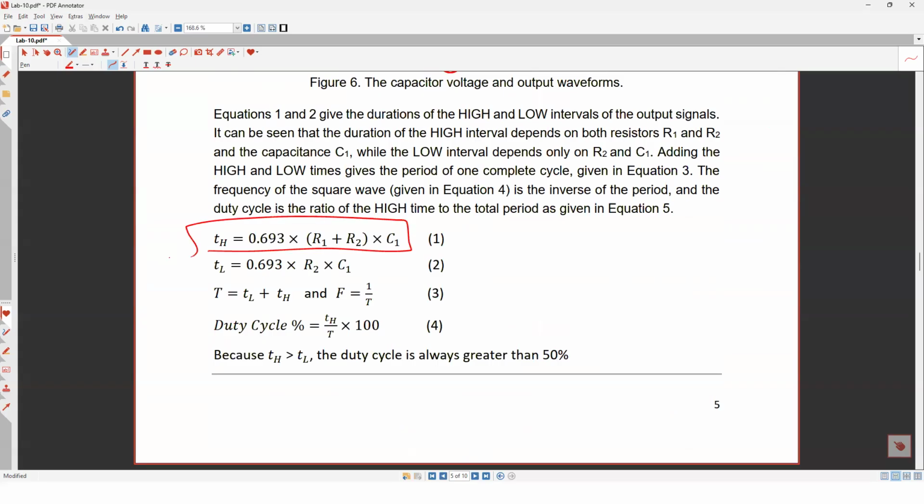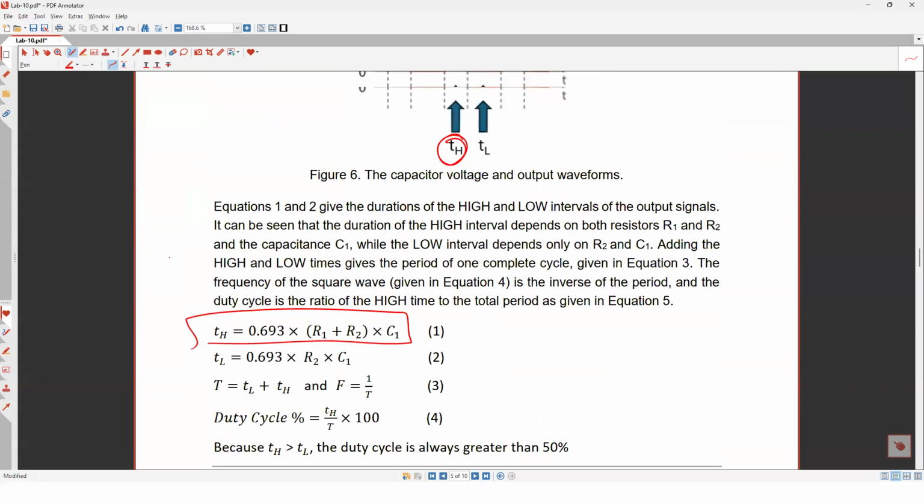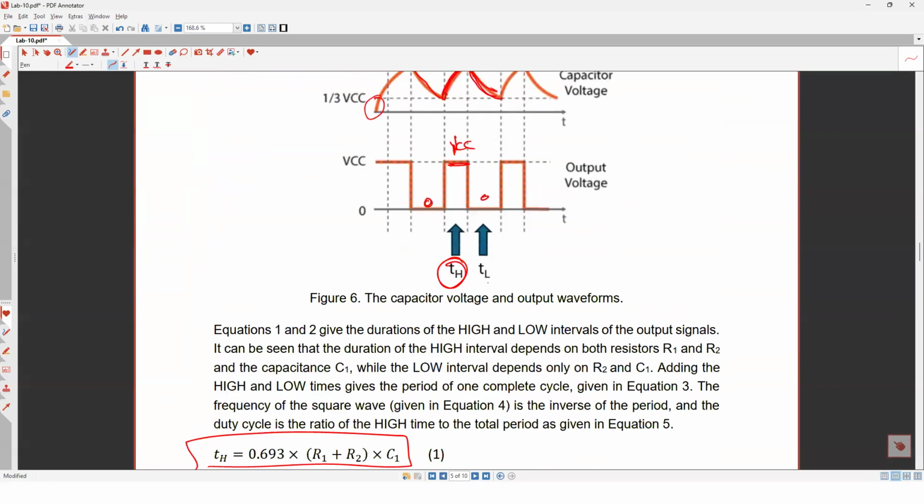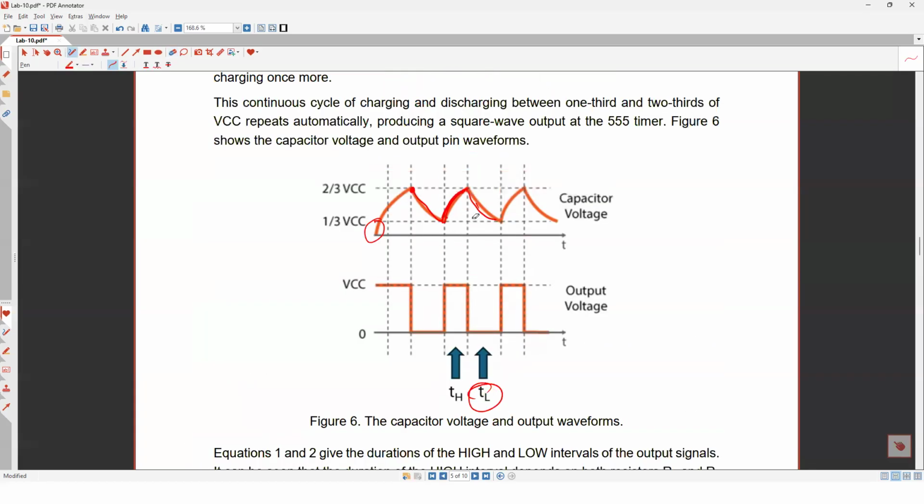Now, same thing during discharging. During discharging, the time is the low time. So how can I calculate the low time? You need to find the equation for discharging, because charging has a different equation from discharging.